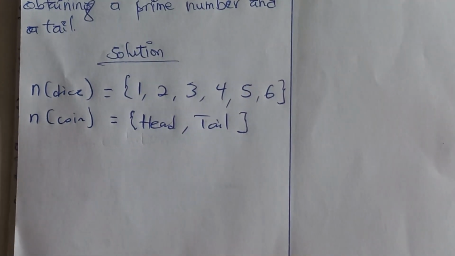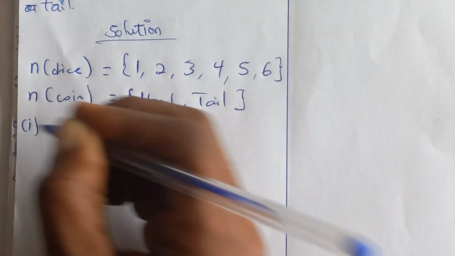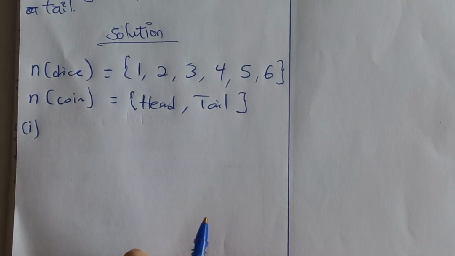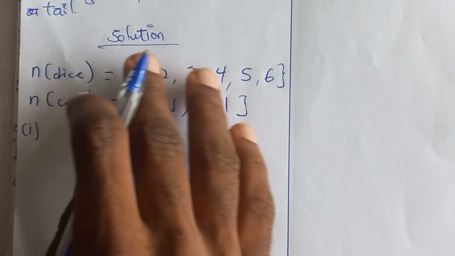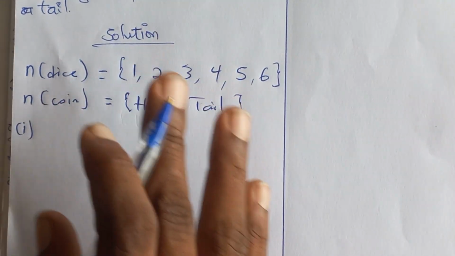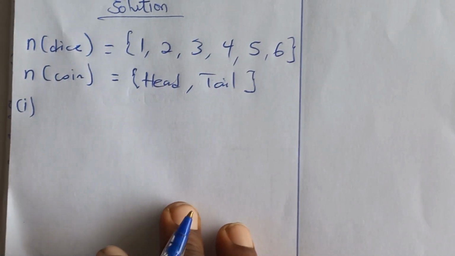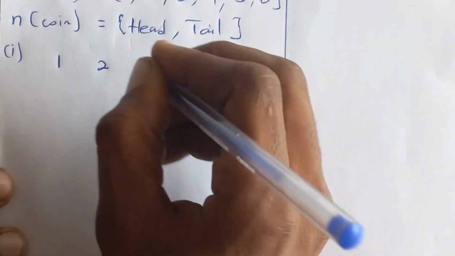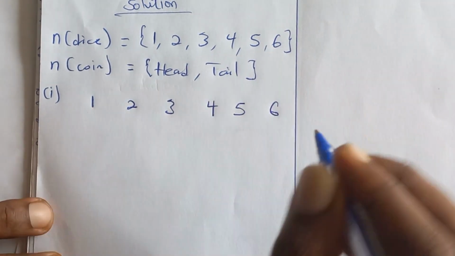In this type of question, we need to draw a table for it. So, write down the set of all possible outcomes. After you set your outcomes and know what you are going to get from each, you combine them. For the die, you know that we have 1, 2, 3, 4, 5, and 6.